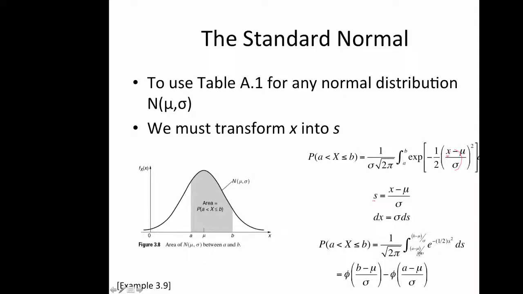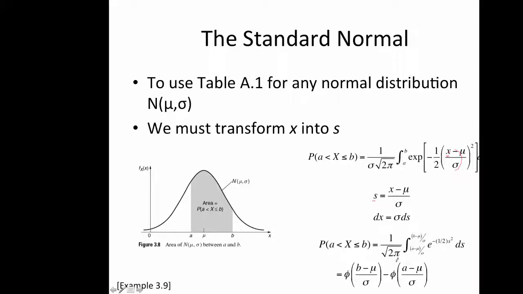So this is the standard normal, and what we're doing is we're taking the standard normal integration to these limits, so we can simplify it even further by saying this is the CDF function of b minus mu by sigma, minus the CDF function of a minus mu by sigma.